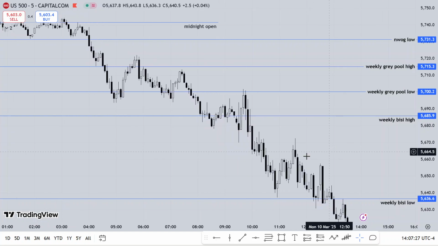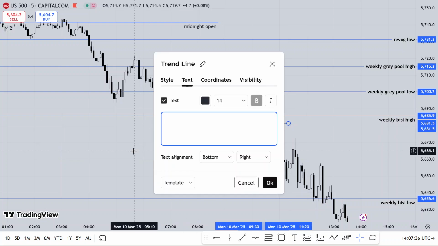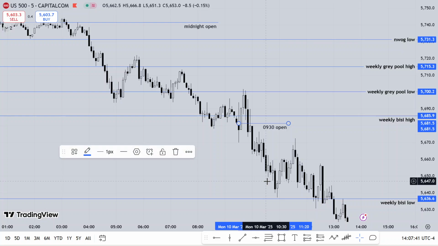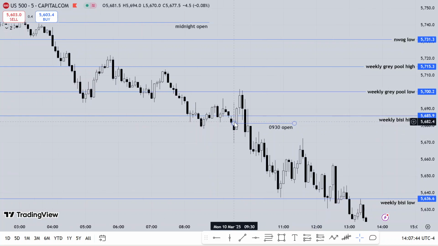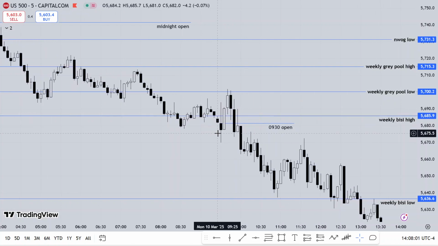Now at 9:30 a.m., during the New York equities open, firstly, price created this sell side liquidity pool here and then price rallied higher. This rally higher is going higher to pair up buy stops for smart money sell orders. So this is a false rally.